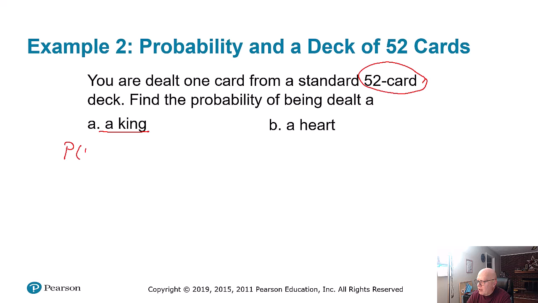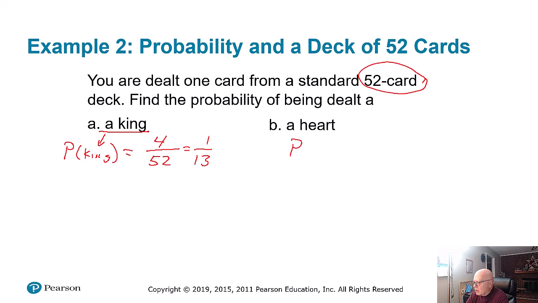So the probability of getting a king, this is your event. How many kings? Well, each of those sections of the deck has 13 cards, and one of those is a king. There's a king of each one of those parts that I told you about. So there's 4 kings in the deck. You've got 52 cards altogether, and we'll reduce that just a slight bit. 1/13 is the probability of pulling out a king if it's equally likely for any of the cards.